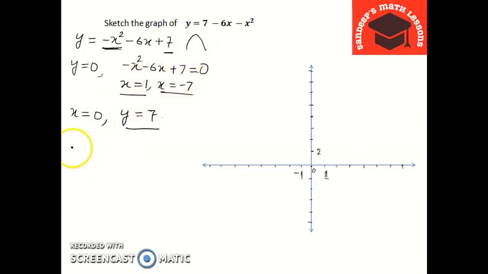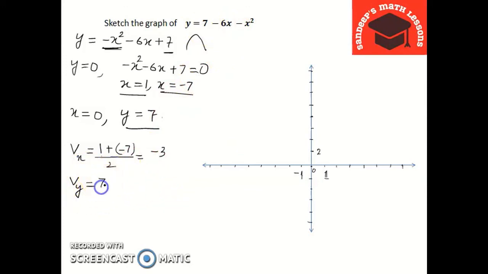So the x coordinate of the vertex will be 1 plus -7 divided by 2, which will be -6 by 2, which is -3. And if I put this -3 in the given equation, I will get the y coordinate.